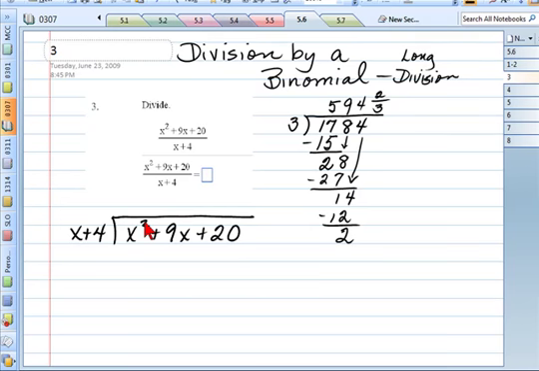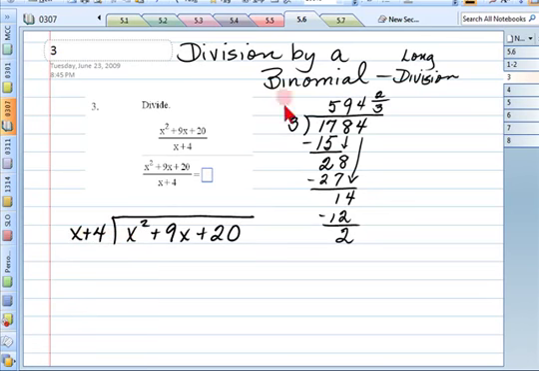They're just watching for a minute, and I don't want you to take your eyes off of this because I'm going to point at things. I want you to see them. All right. I start out, and first of all, I don't have to worry about place value. And I look at just the first term, just the x. And I look at just the first term, the x squared. Now, typically I say, how many times does x go into x squared?